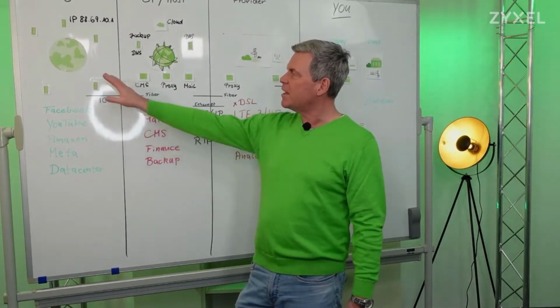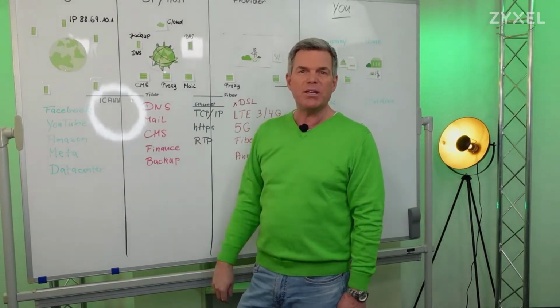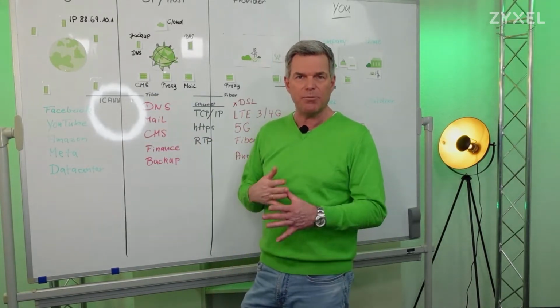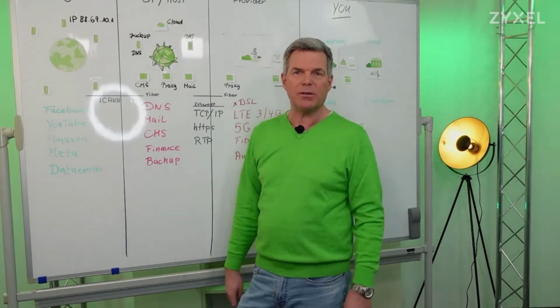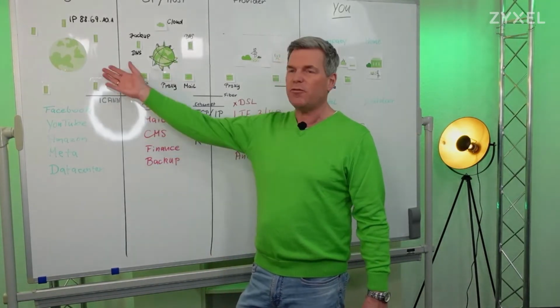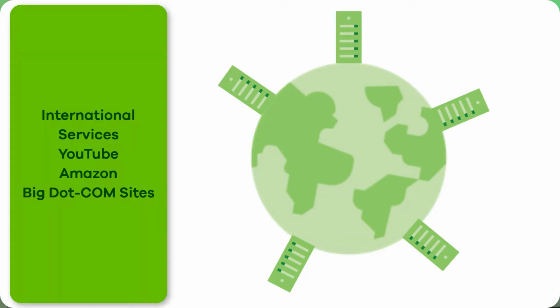Basically, the internet consists of a core internet, which is run by the biggest media concerns like Meta, YouTube, Amazon and other big global players that have data centers all around the world. In these data centers you can find powerful servers with a high capacity of storage on SSD hard disks.